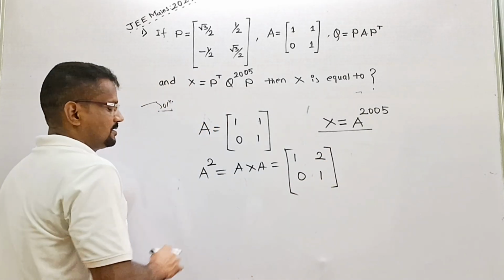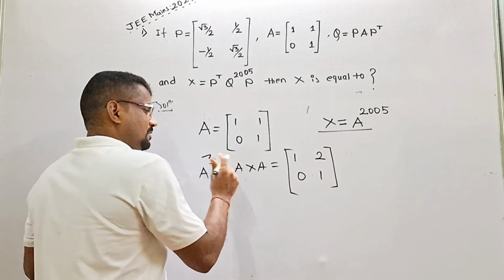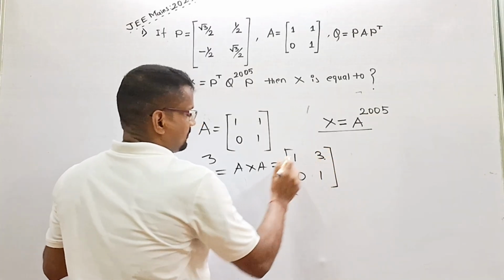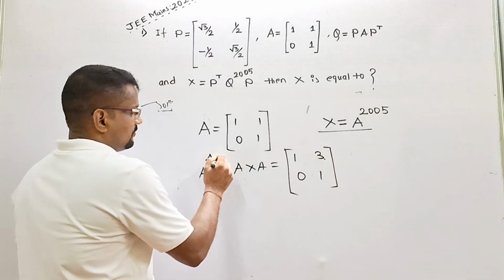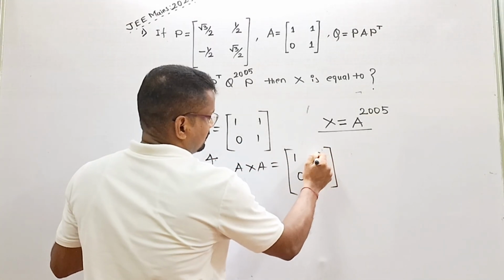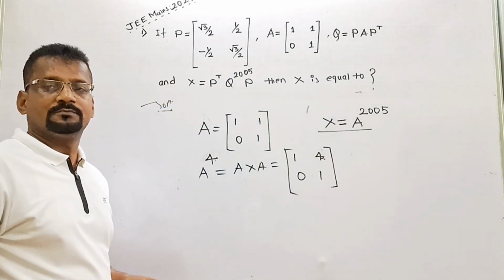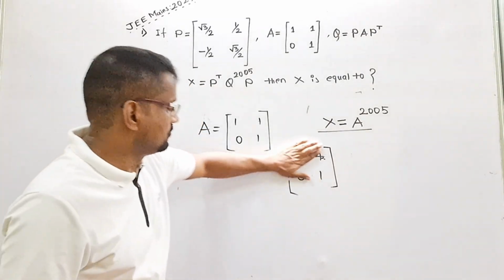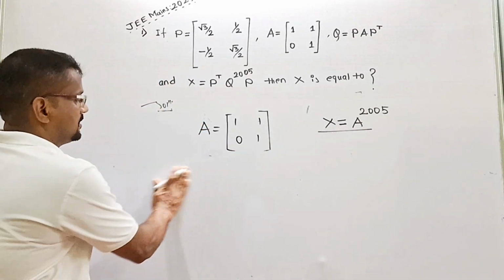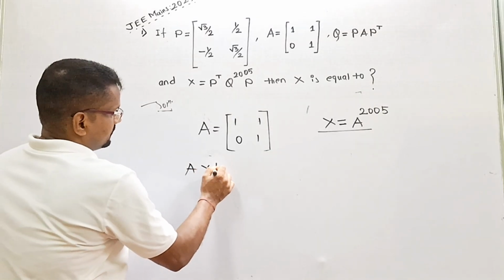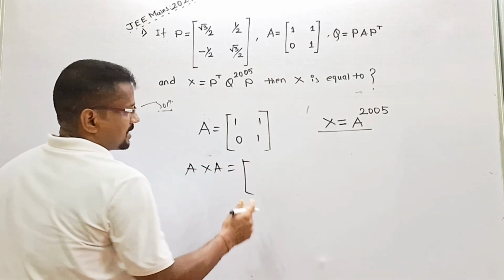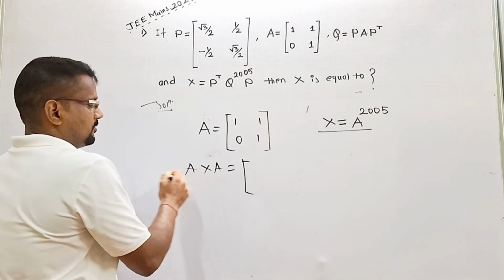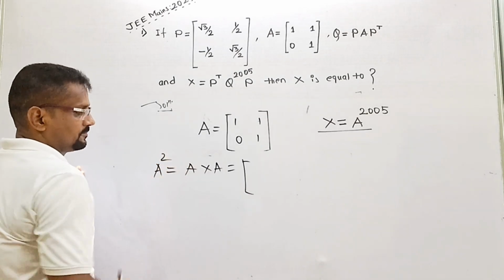If I take A cube, then here 3 will come. If I take A to the power 4, then here 4 will come. Let me show you this. See, A into A, just multiply 2 times. I told you 2 will come here because you are calculating A square.